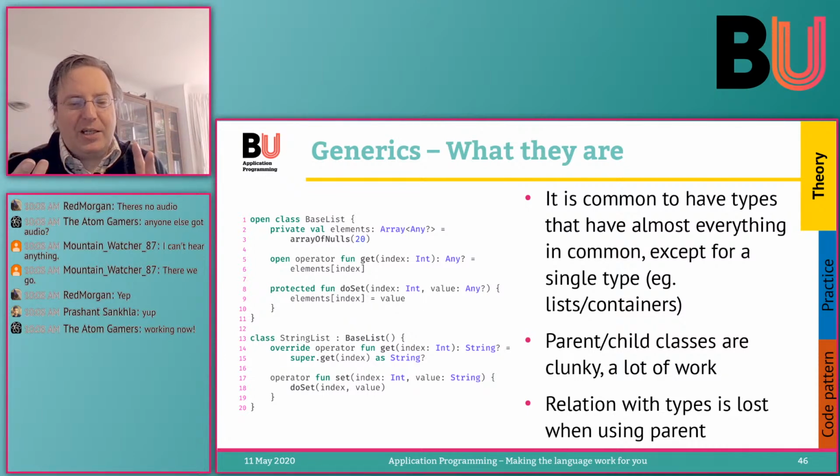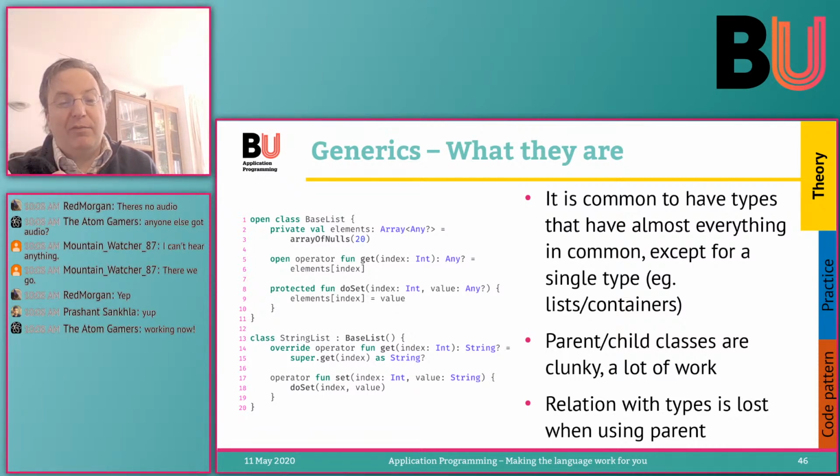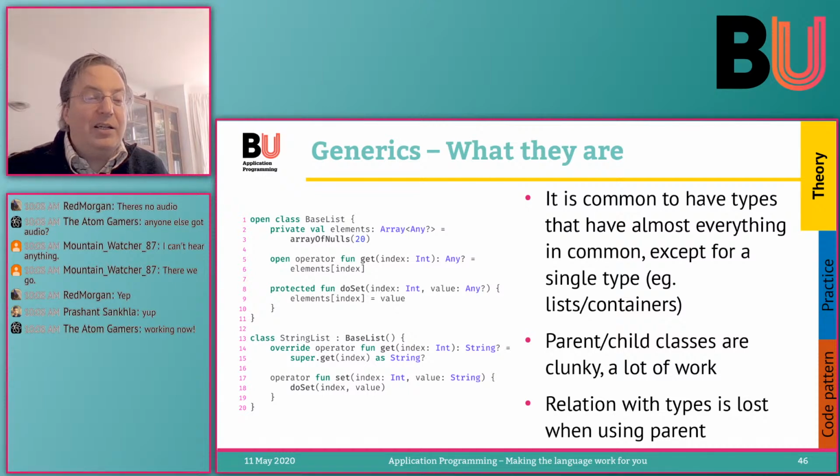So in this case, on the left, you can see an example of what such code would look like if you do it by hand, so to speak. You have a base list that just takes anything, and the string list hides away the fact that it actually stores anything and makes the checking work.